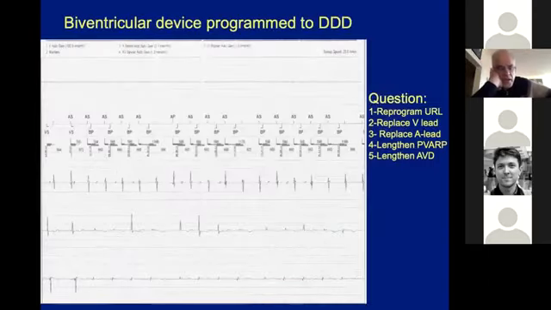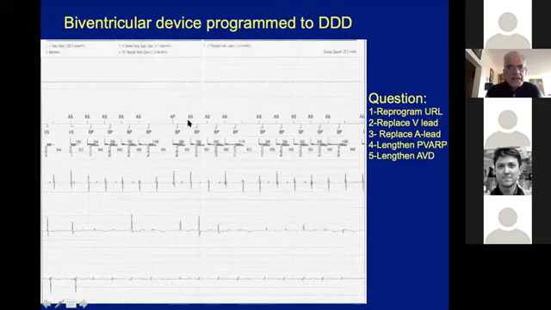Okay, so here is an example. This is another multiple choice. This is fairly straightforward. So this is a dual chamber device, and the device is doing something.